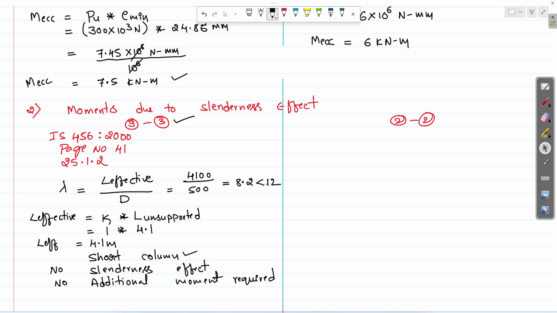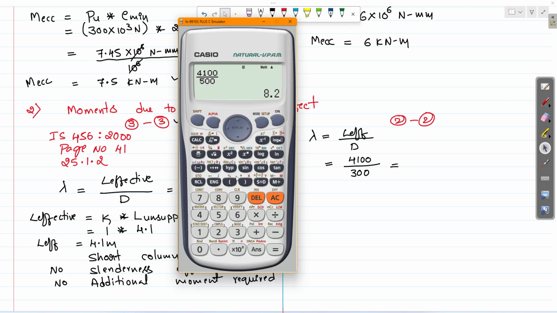So about 22, lambda equals L effective divided by D. So effective length 4100, depth will be 300. So 4100 divided by 300.